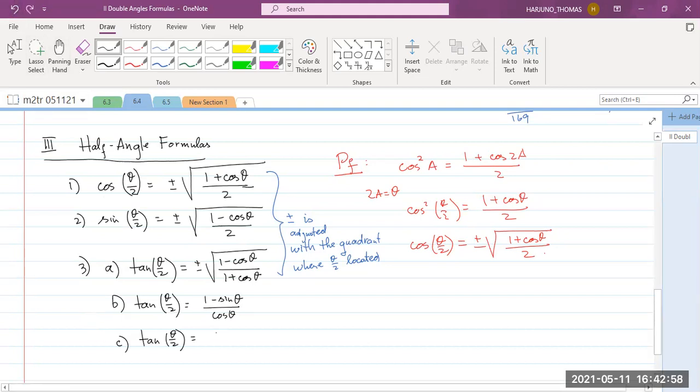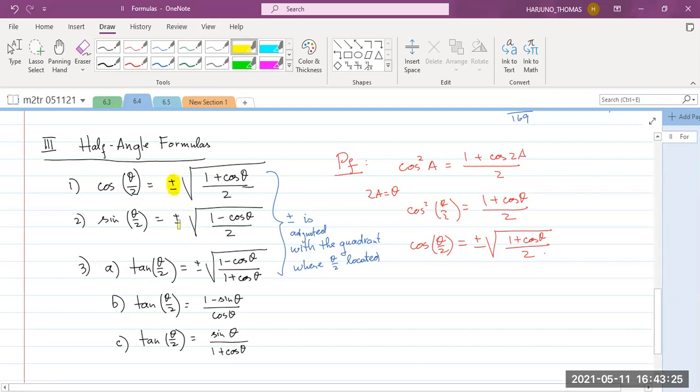It should be sine theta over 1 plus cosine theta. Now, the nice thing about the last two formulas, you don't need to worry about the quadrant, therefore decide the plus minus.